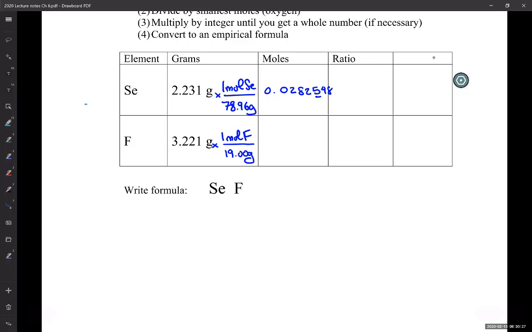And that's in moles of Se. I'll do the same thing for fluorine, 3.221 divided by 19, and I get 0.169526. And that's moles of fluorine.